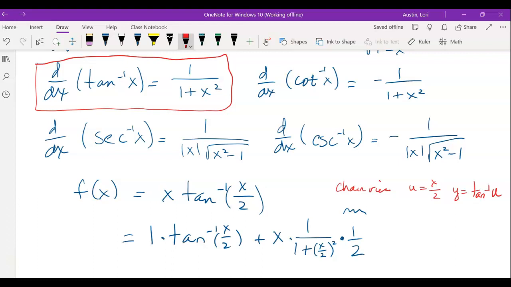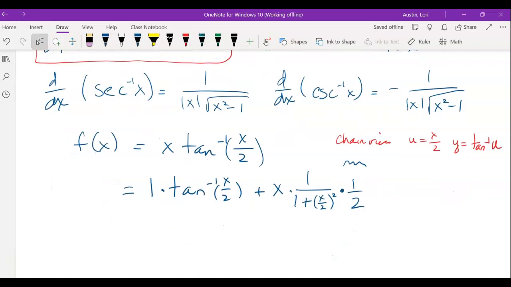I can clean that up. I can absolutely clean that up a little. Well, I'm going to clean up the first part by not putting the 1 there. So see this piece here?